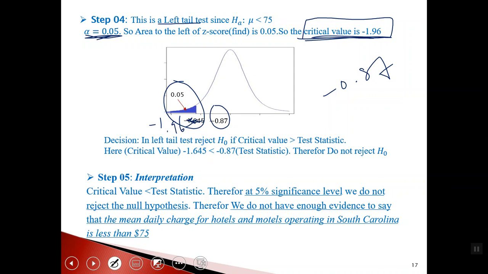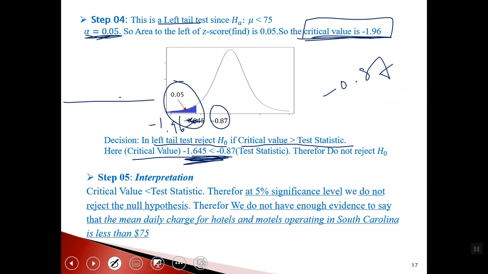Anyway, since this is a left tail test, you reject your H naught if your critical value is greater than the test statistic. But what happened here? They have mentioned 1.645, but this should be 1.96. It doesn't matter, that value is already less than negative 0.87.